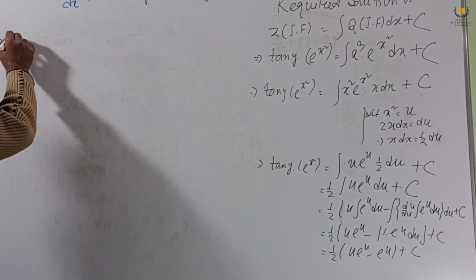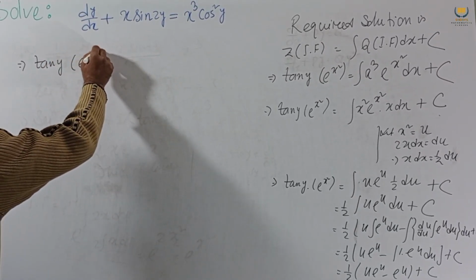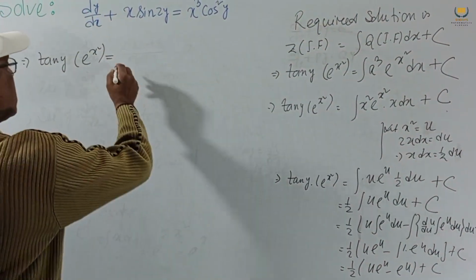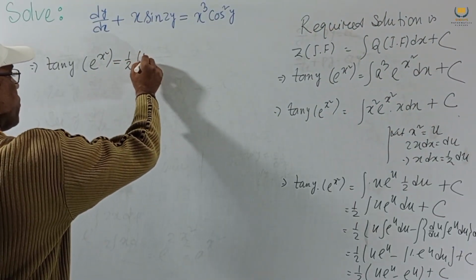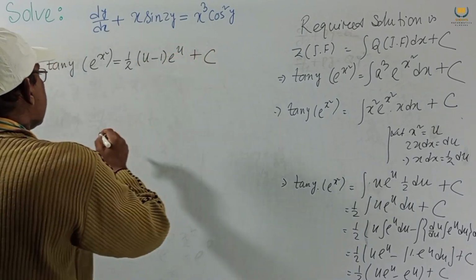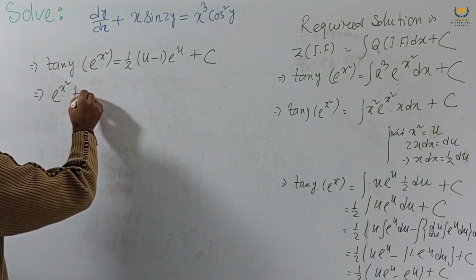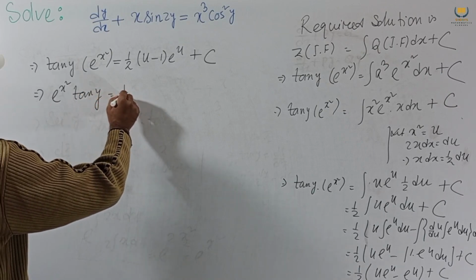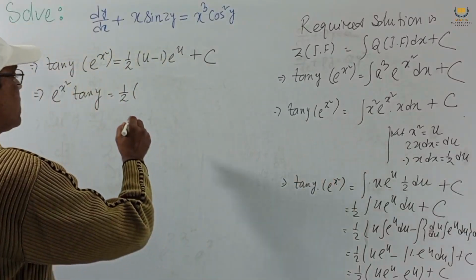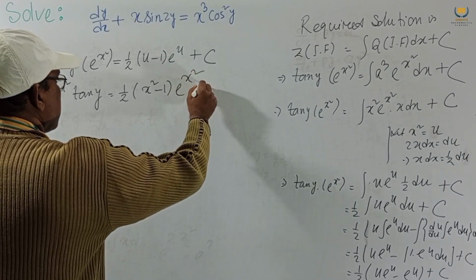So this implies tan y into e to the power x square, and on the right hand side e to the power u taking common, then 1 by 2 (u minus 1) e to the power u plus c, and this is e to the power x square tan y equal to 1 by 2 u means x square, putting (x square minus 1) e to the power x square plus c.